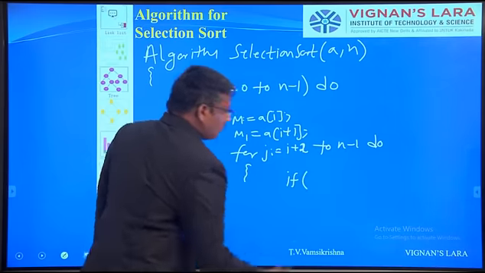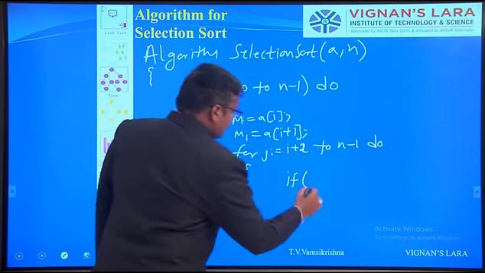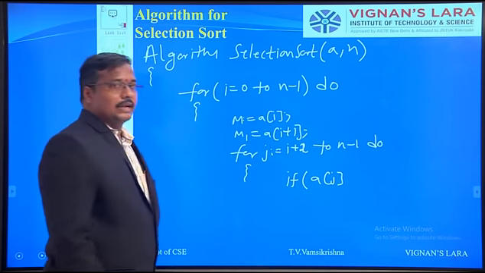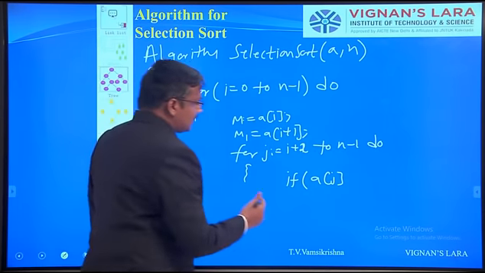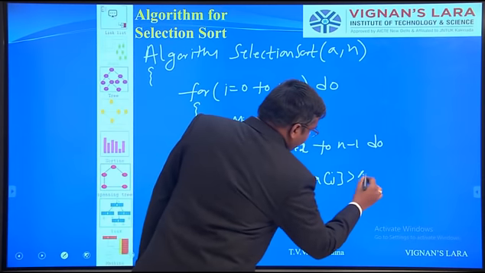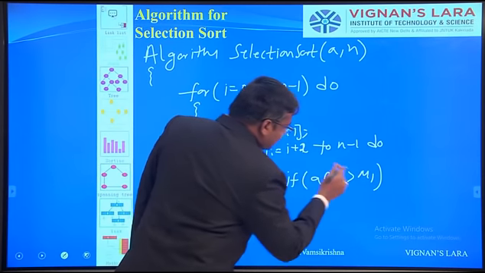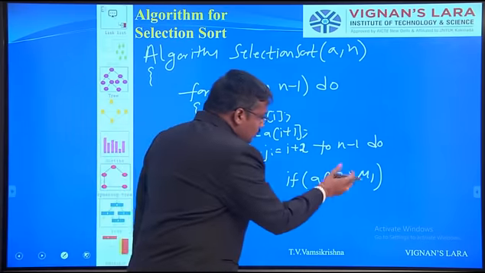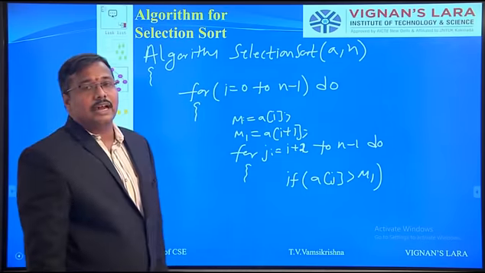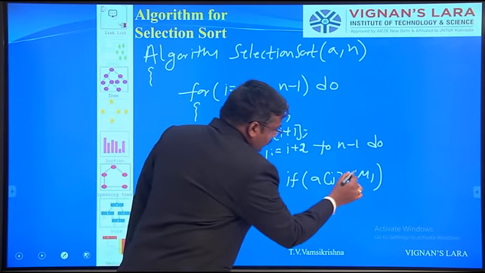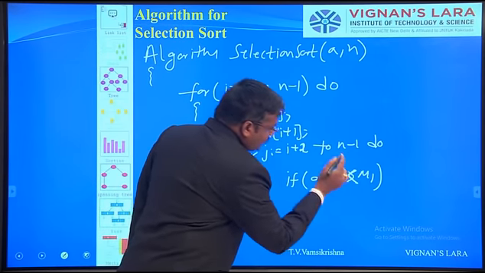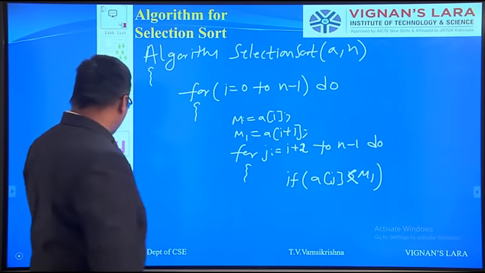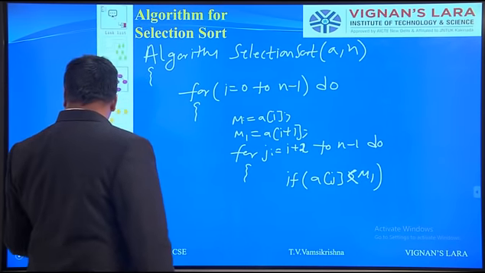Say if A of j, the current element, is compared with the minimum element M1, and it is less than, this is a successful case. If the condition is true, M1 is the minimum only, and at that time no need to do anything.